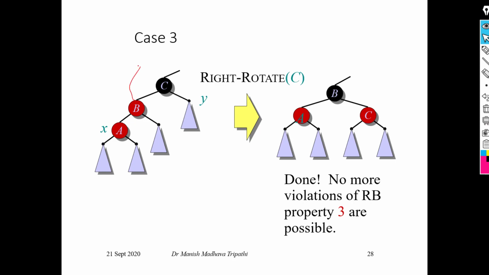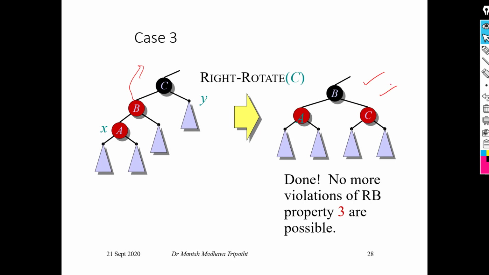Now B becomes the parent of C and A both, and C becomes the right child of B. So the situation will be like this. A is the left child and C is the right child. Again we recolor the grandparent and the parent. So C will be recolored into red and B will be recolored into black, and therefore it will solve the problem.